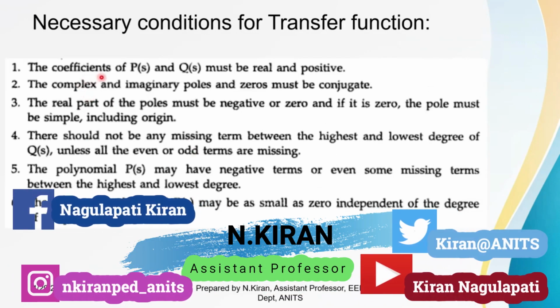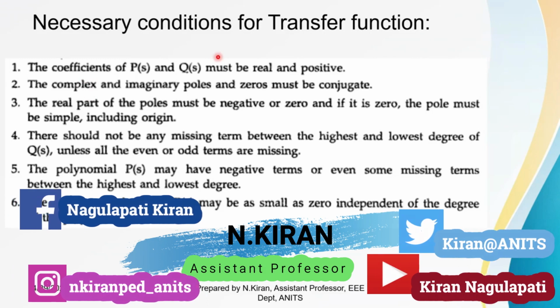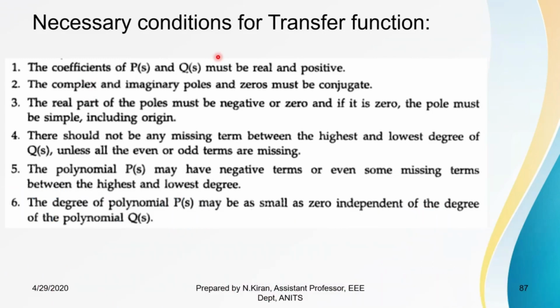So the necessary conditions for transfer function. Here the conditions are almost similar but with a small change. So the first 3 conditions will be same. Coefficients of P of s and Q of s must be real and positive. The complex imaginary poles must be conjugate and the real part of the poles must be negative or 0.